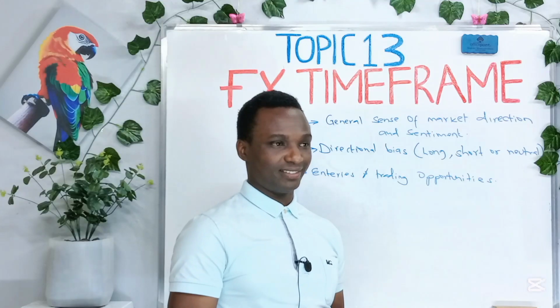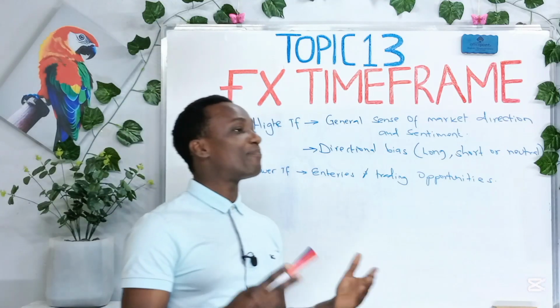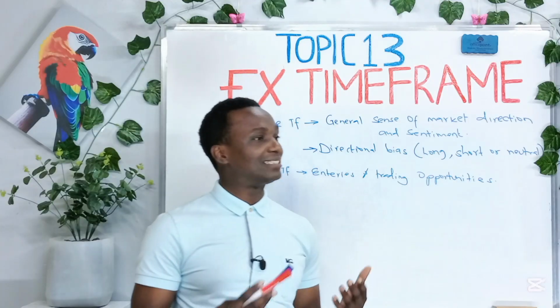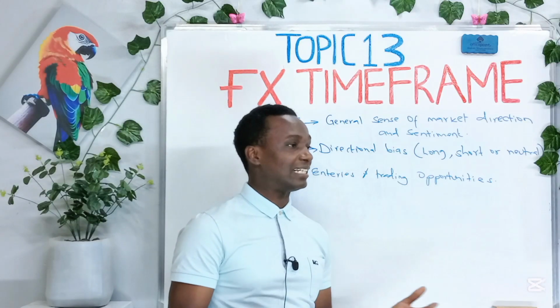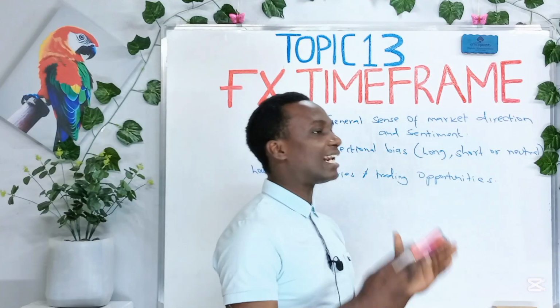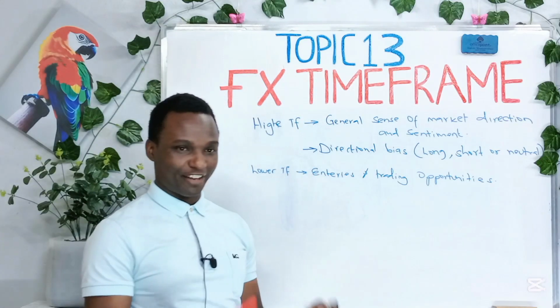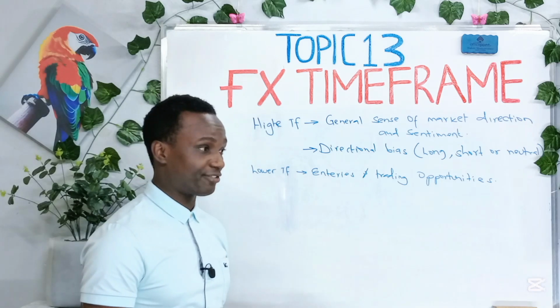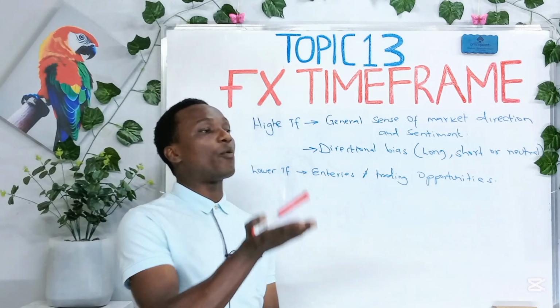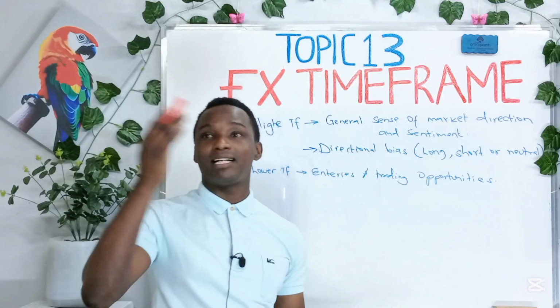But I'll freely tell you, one of the biggest mistakes traders make when using multiple time frame analysis is that they start the analysis on lower time frames, for example, the 5 minutes time frame, 15 minutes time frame, or even 1 hour time frame. They work their way up to the higher time frames, for example, the 4-hour, daily, weekly, or monthly.